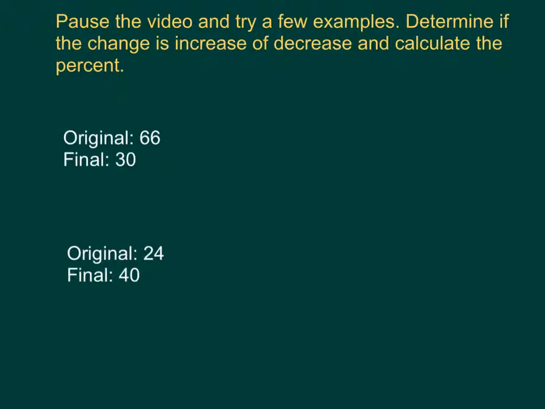Pause the video to try the few examples. Determine if the change is increase or decrease and calculate the percent. So for the first example, our original number is 66, our final number is 30. So that is an example of a decrease.